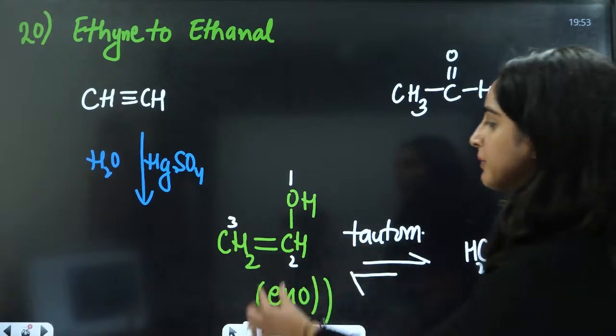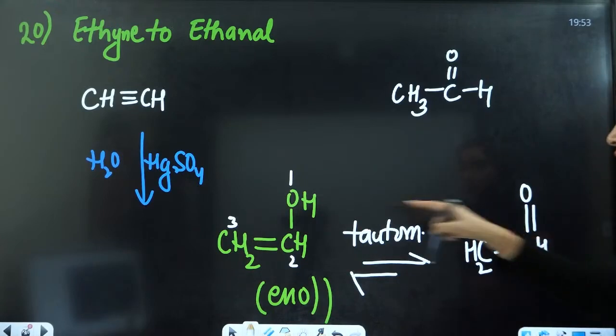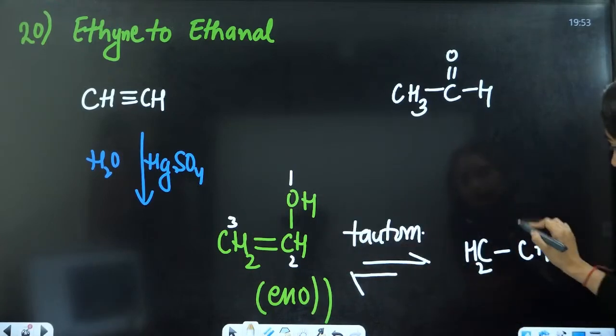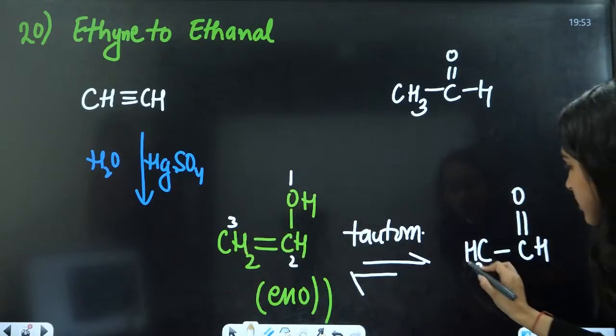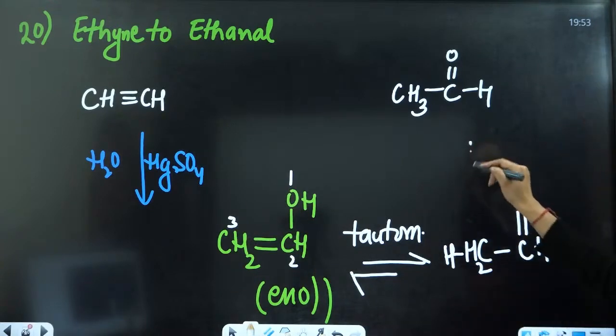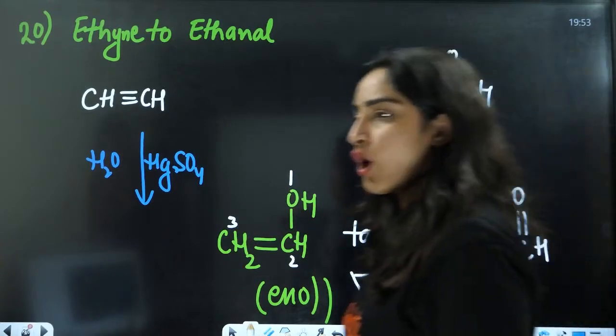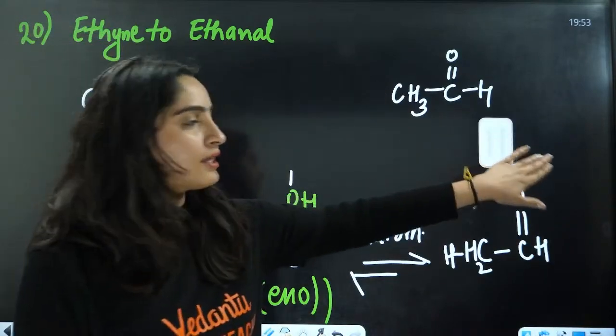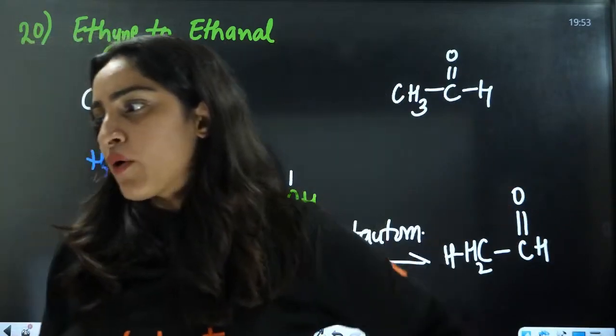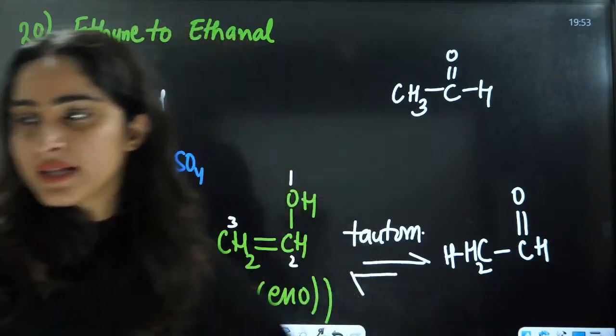The pi bond will shift, this will be double bond O, and the hydrogen on the OH will shift to the carbon. That is your aldehyde, ethanal, right? Yes, perfect. Hydration gives enol and tautomerism gives ethanal.